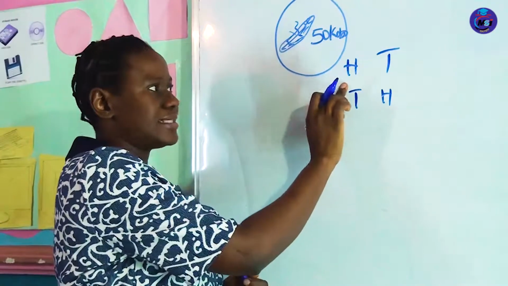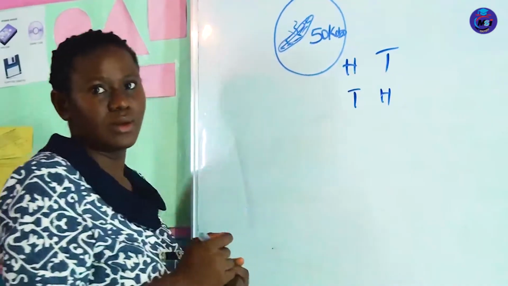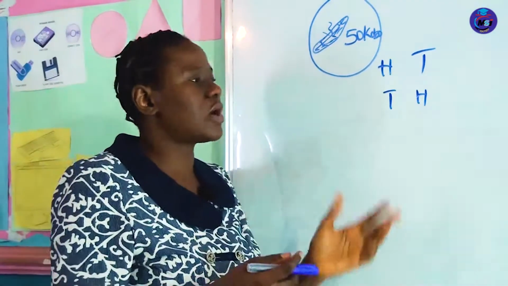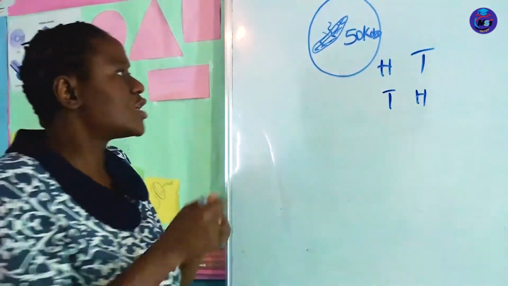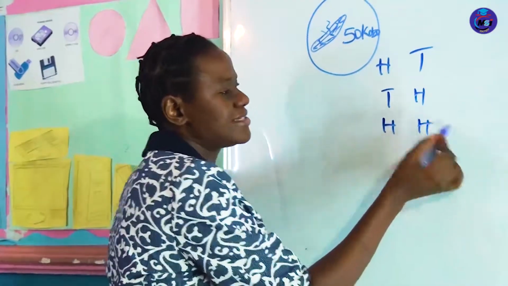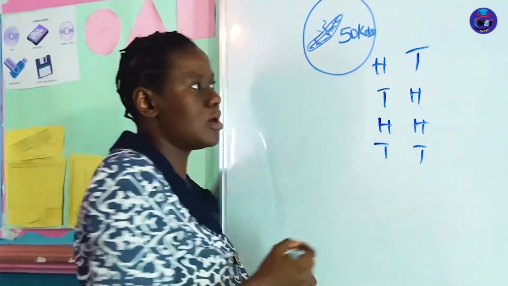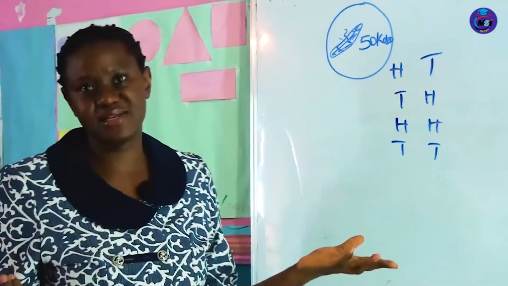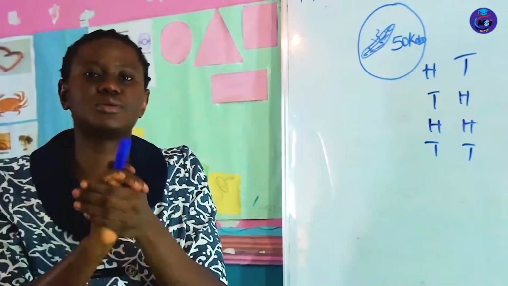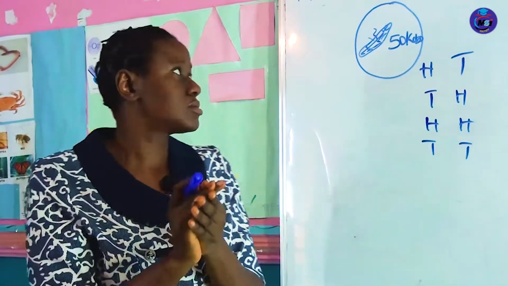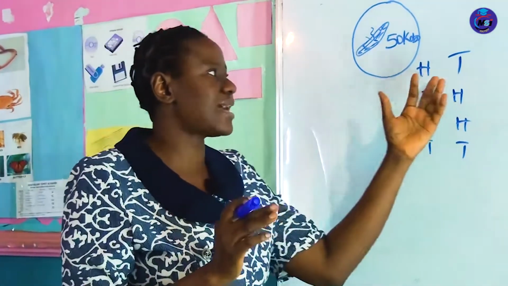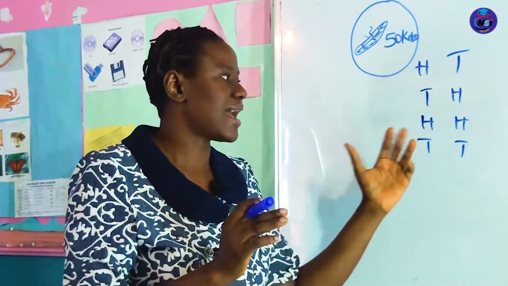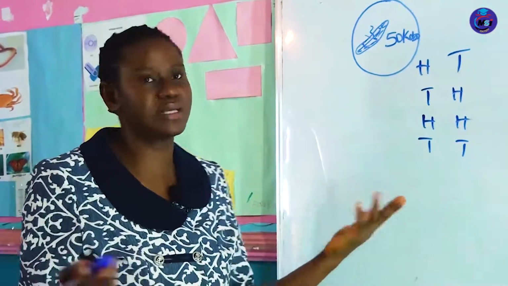The first was a head, the second was a tail. Do you understand? Then in the other one, it could be a tail or head. It could also be head. It could be tail. So this is a game of chance. When I throw two coins, then I could have head, tail, head, both could be head, both could be tail.